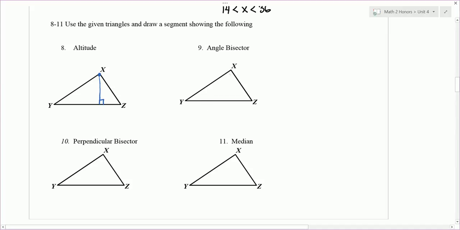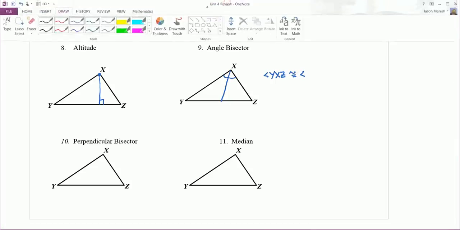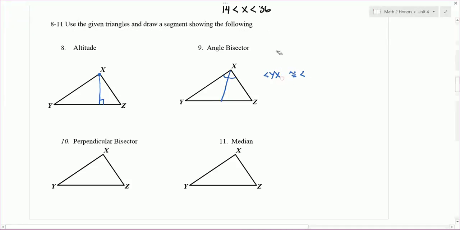Number 9, we're going to do an angle bisector. I'm going to bisect angle x. So an angle bisector cuts angle x in half. So that angle YXZ is congruent to, not Z, we're going to have to put another point here.